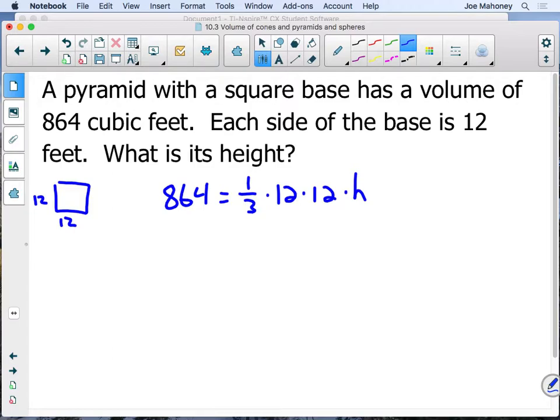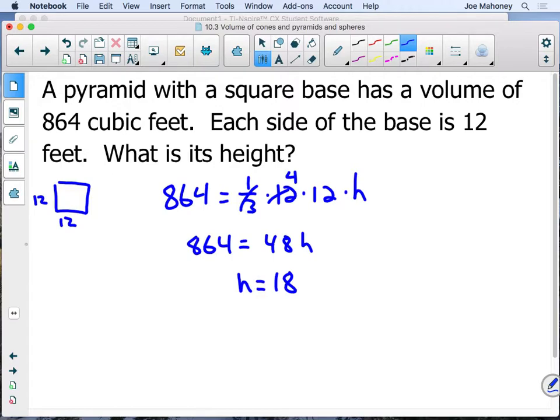You can evaluate the left side a little bit. 1/3 of 12 is 4. 4 times 12 is 48. So 864 equals 48 times h. When we divide both sides by 48, we get the height to be 18. So in these volume equations, we can solve for the volume, or we could use the volume to find a height or a radius or another dimension.